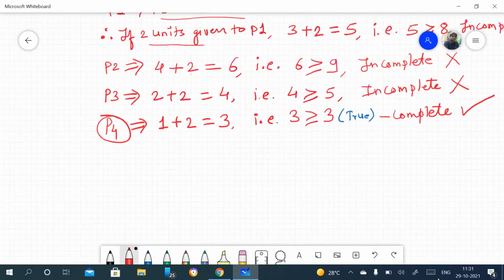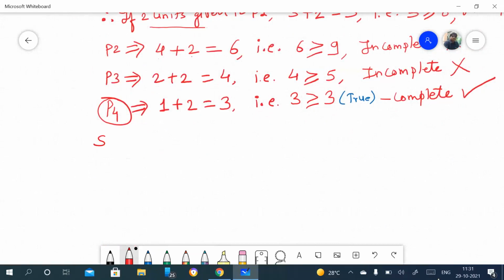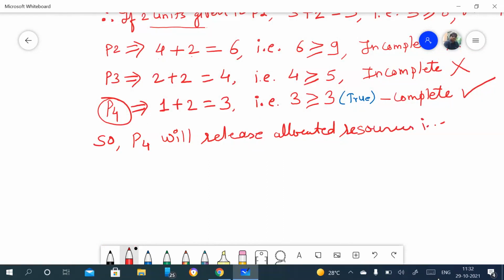So we can write here: P4 will release allocated resources or instance, that is 1.